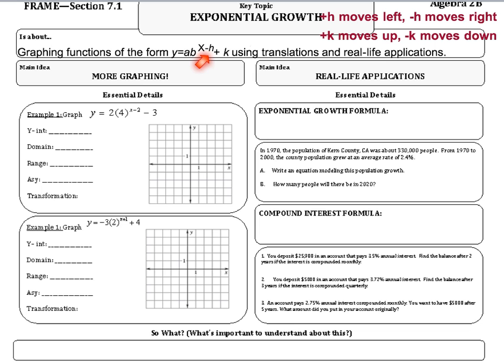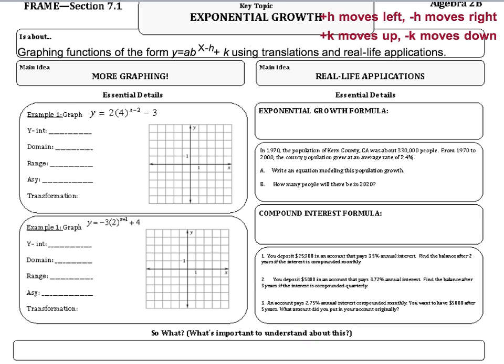These movements are exactly the same as they were before with those two. So we're going to use this in translations to help us translate our exponential growth functions. And then we're also going to do some real-life applications. These real-life applications we'll do tomorrow in class. So don't be surprised when you're done with the notes and done with the video that you don't have this whole entire part filled in.